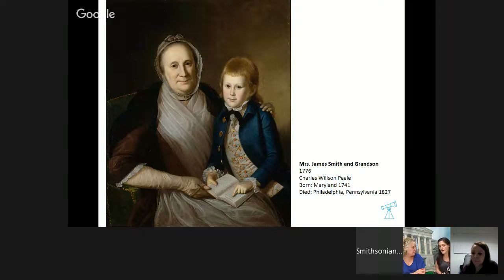So I know for myself, when I look at this information and I think of the significance of the date of 1776, that definitely makes me wonder about these people who are living in a very pivotal time in our American history. So I'm going to use that as a jumping off point for a next set of guided looking questions.